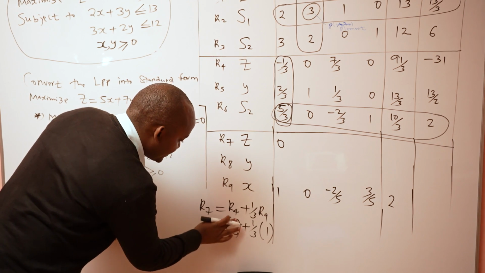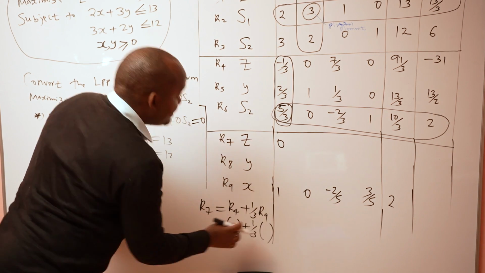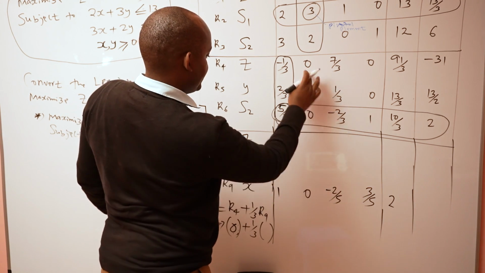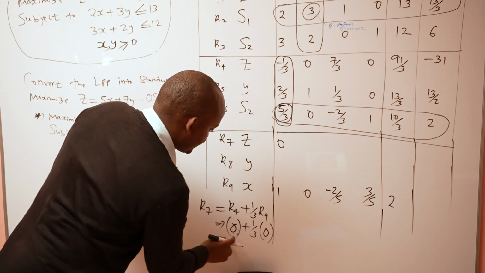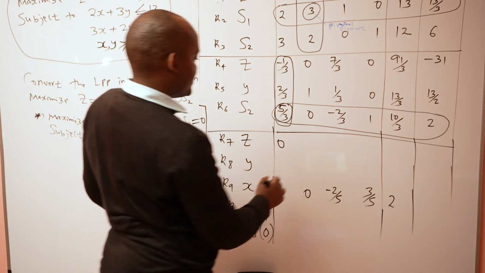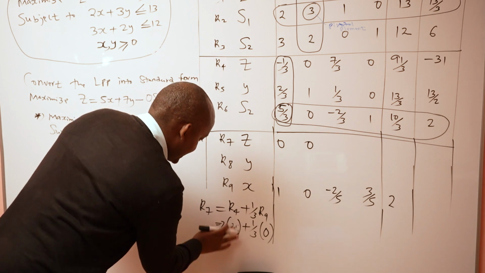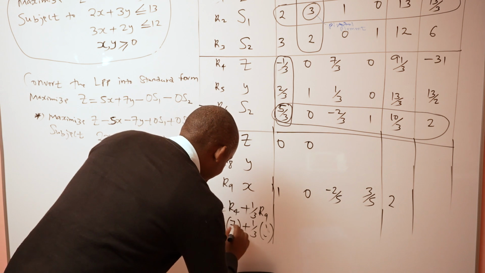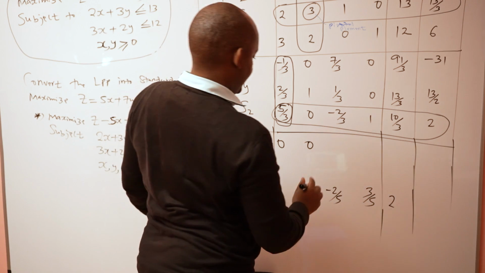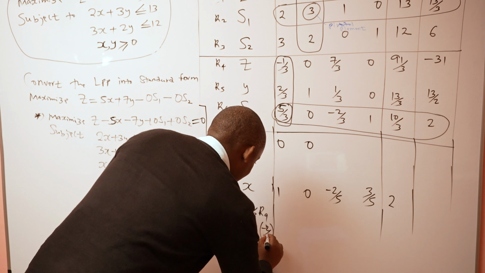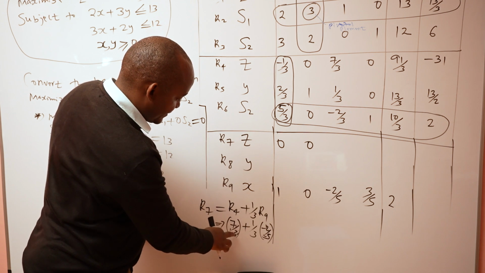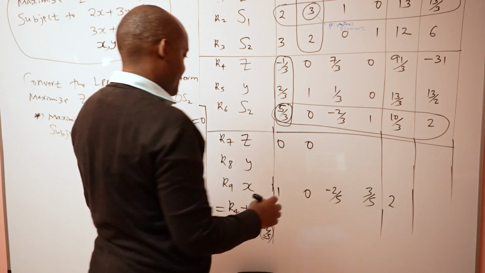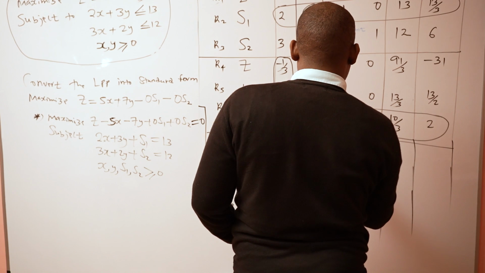So this will be 0. The next entry, you pick 0 and 0, so obviously this will be 0 plus 0, which is equal to 0. The next, it is 7 over 3 and negative 2 over 5. So 7 over 3 plus a third multiplied by negative 2 over 5 is going to give us 11 over 5.